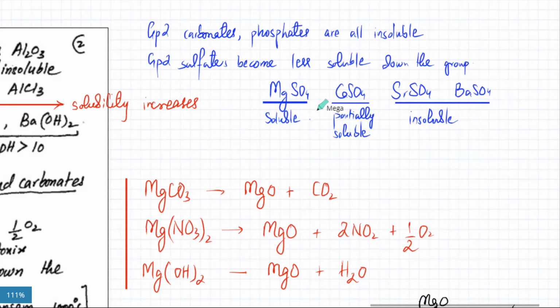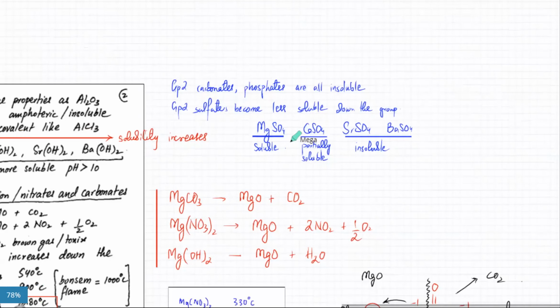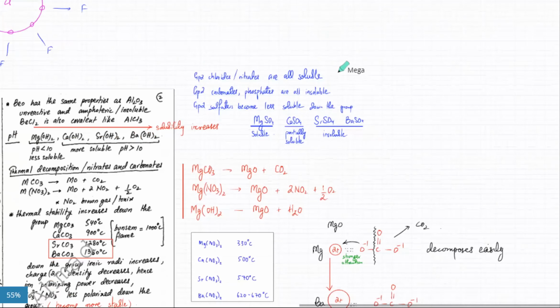And MgSO4 is the one that's soluble. So remember the solubilities of these compounds. Chlorides are all soluble. And also nitrates are all soluble. So that's about it. That's group 2.